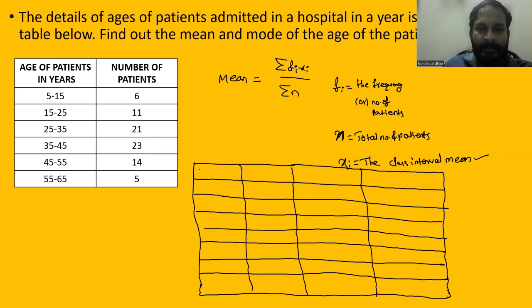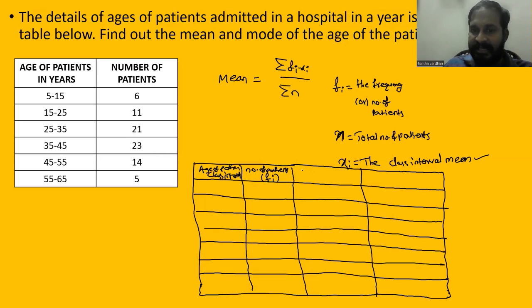Now see here, age of patients, or you can write class interval. Next, number of patients or frequency, which is fi.